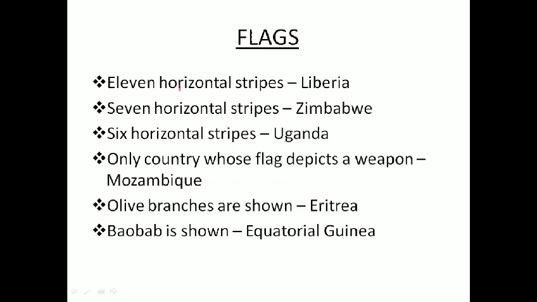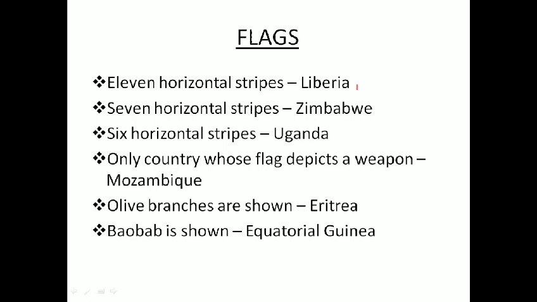So now the flags. 11 horizontal stripes you can find on this African flag, and that is Liberia. Interestingly, it is often said that USA is the only country whose capital is named after an American president.